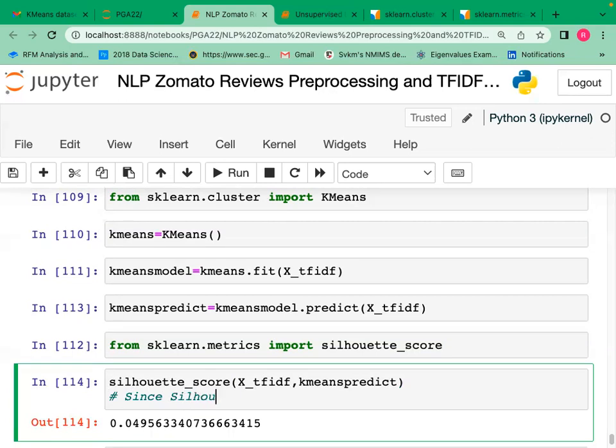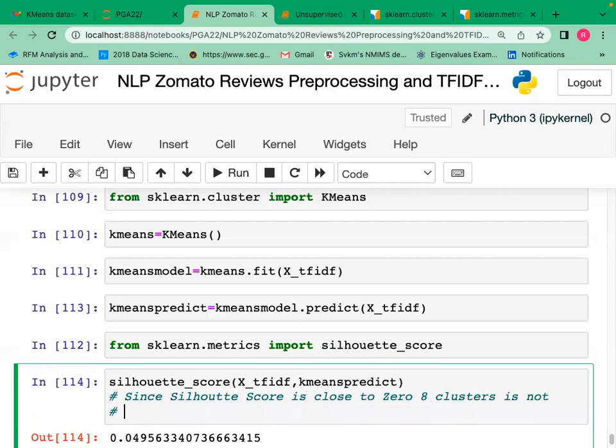Since the silhouette score is close to 0, 8 clusters is not good. Right? Now we will use the WCSS to find the clusters.